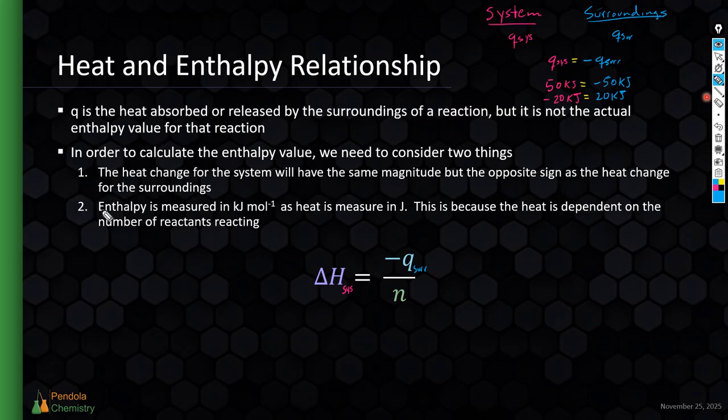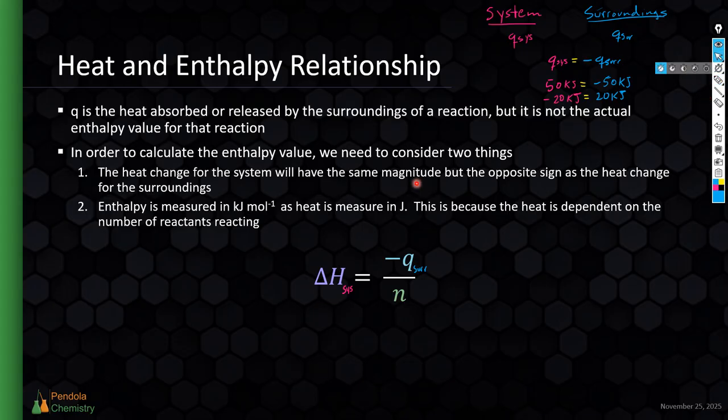And then the other part of this is that enthalpy is measured in kilojoules per mole. Because heat is measured in joules, we need to make heat dependent on the number of moles of reactants or products that are going on here.